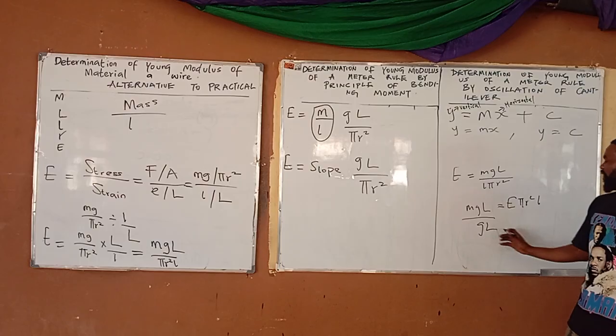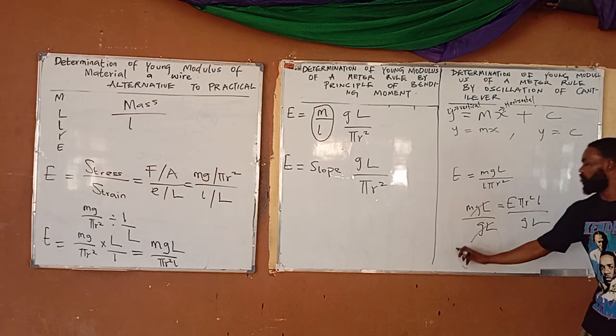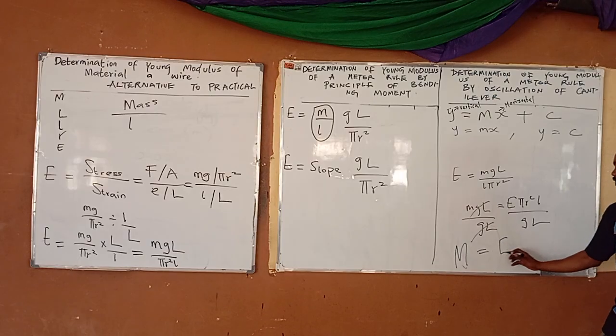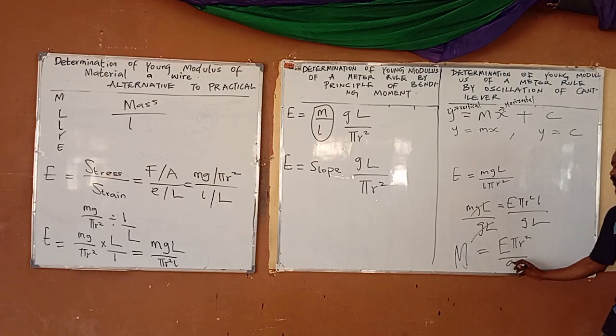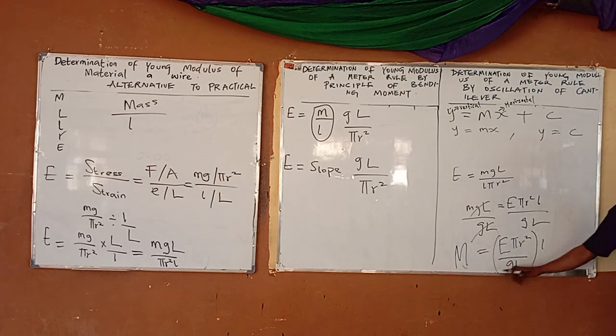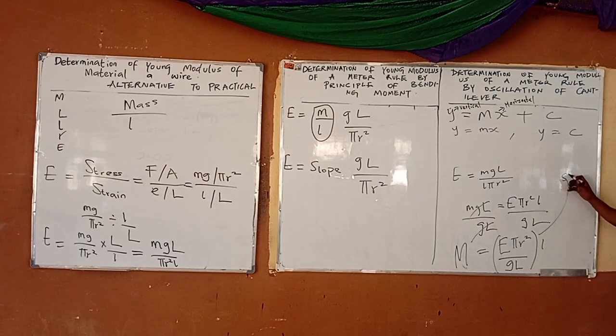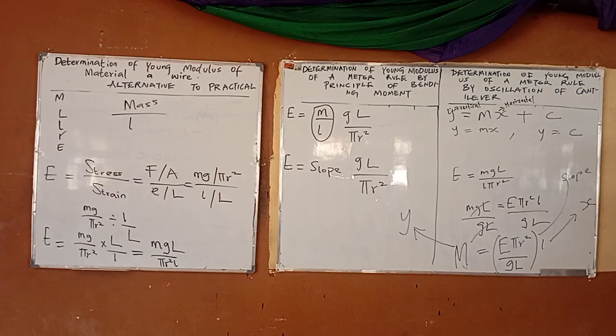So I now divide both sides by gl, so that this will cancel this. So m now will be equal to E pi R squared all over gl times small l. That means that everything here stands for my slope. Are you seeing it? That is m. And everything here stands as the x, and this one stands as y. You get the point now?